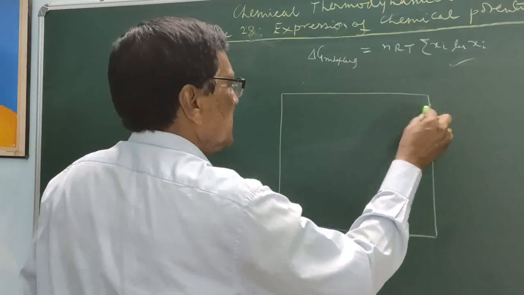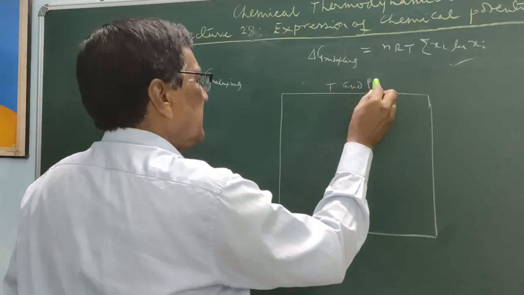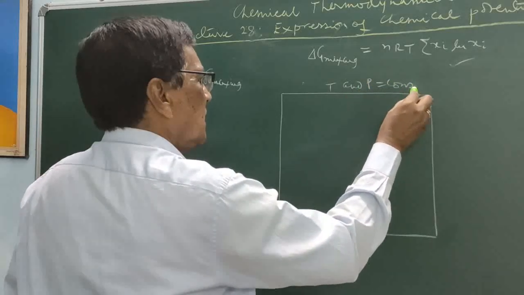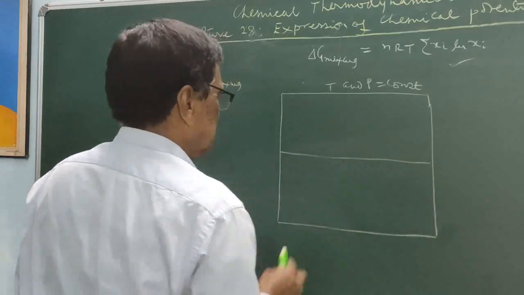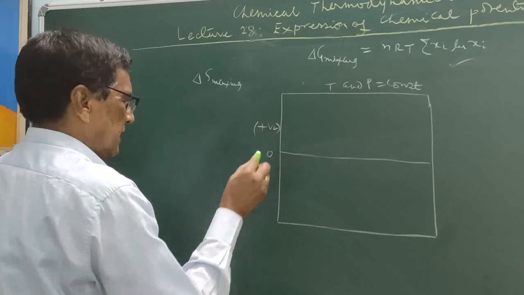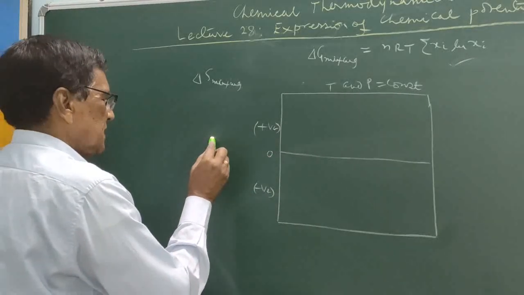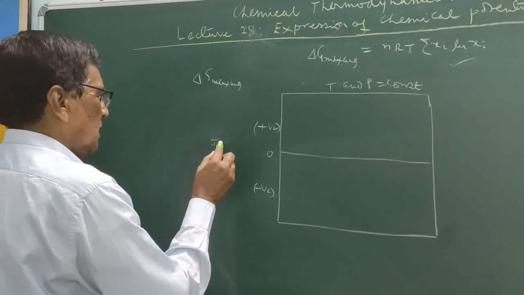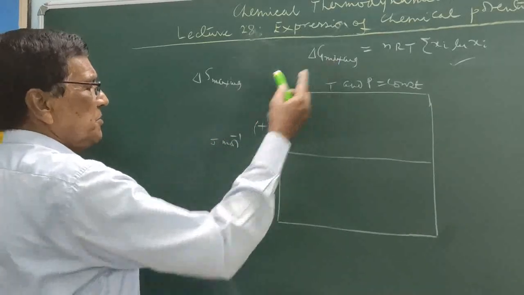Temperature is constant, T and P are constant. Here this is 0, this is positive, and this is negative, and here the unit is joule per mole for these three properties.